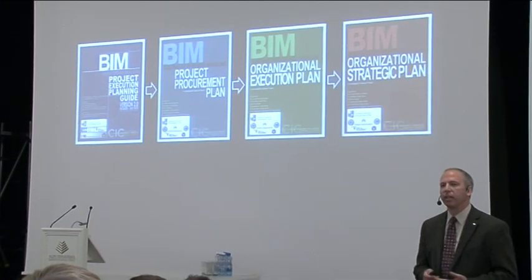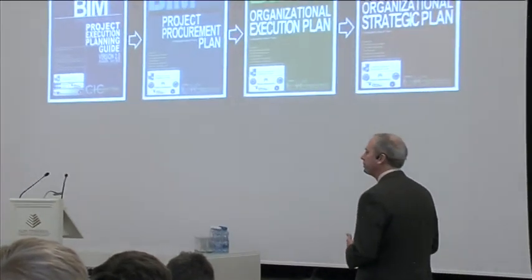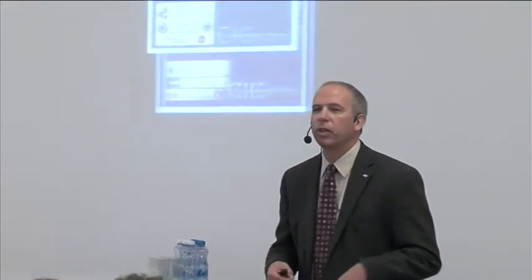And just like we did with the project execution planning guide, we wanted to try to flip this around a little bit and actually suggest to owners that what they should be doing is really looking initially at developing a strategic plan and what they really want to get out of implementing BIM on their projects. Then put together some more organizational execution plans of what do I need to do over the next year to make the next step.